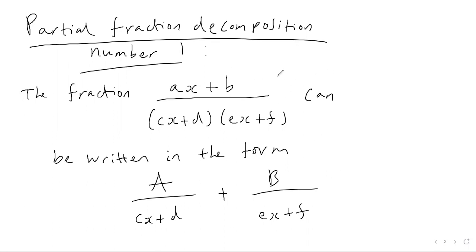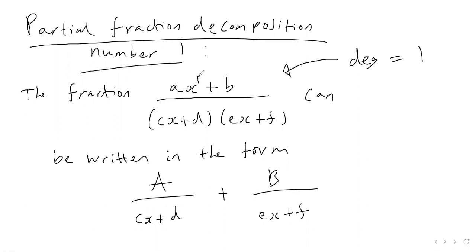The key thing to note as well is that the highest power of x on the top is 1. So we call this the degree. The degree of the numerator is equal to 1. The degree is just basically the biggest power of x.